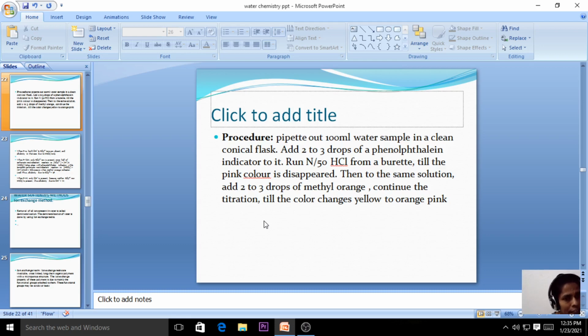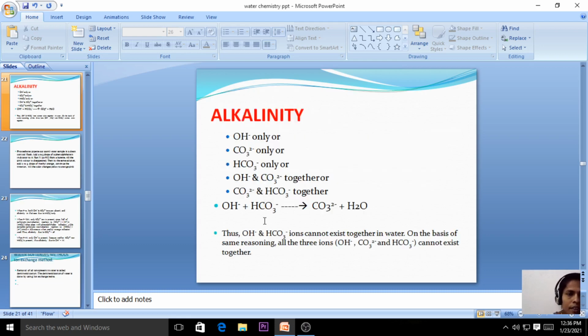Acid is taken in the burette. Now our water sample is taken in the conical flask. But what ions are present in our water sample? Either OH minus, carbonate or bicarbonate, or OH minus and carbonate, or carbonate and bicarbonate ions are possible.